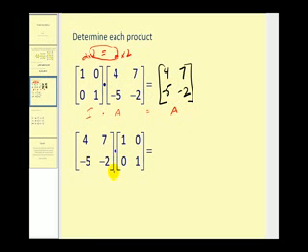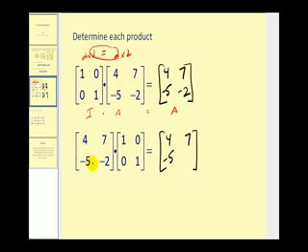And notice in the second product we just changed the order of multiplication. And let's go ahead and show the result will be the same. For this element here, we'd have 4 times 1, that's 4, plus 0. For row 1, column 2, we'd have 4 times 0, which is 0, and 7 times 1. And row 2, column 1, we'd have negative 5 times 1, that's negative 5, plus negative 2 times 0, negative 5.